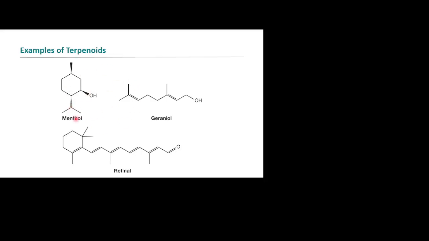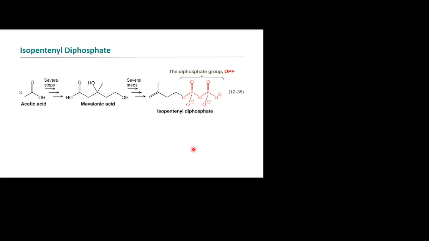This is terpenoids right here. This is menthol, geraniol, retinol right here. You guys probably recognize many of those from biology. This right here is, how am I doing for time? I am 2 minutes away. Yeah, I can finish this actually. So this is isopentenyl diphosphate here.